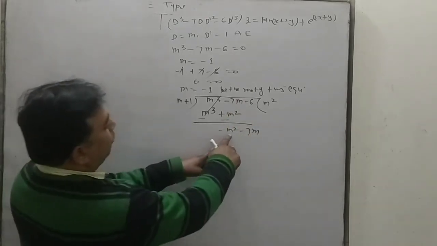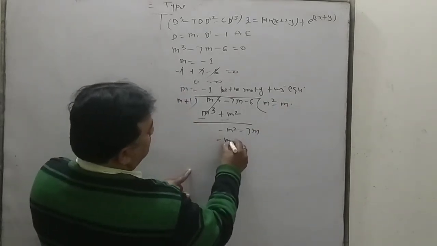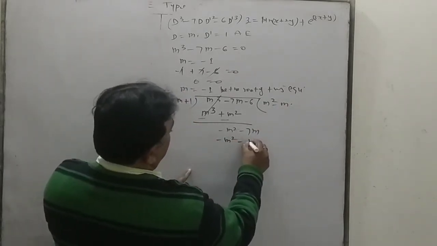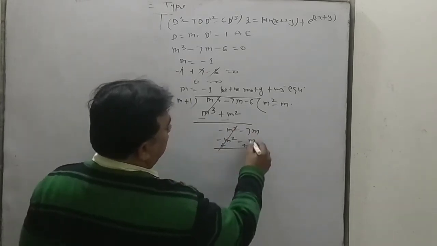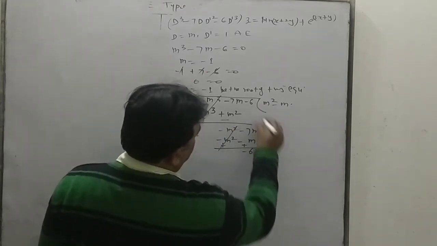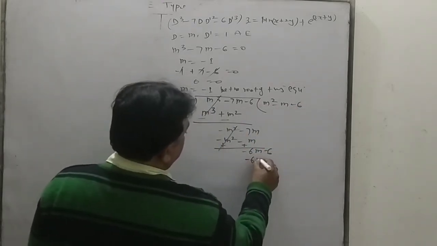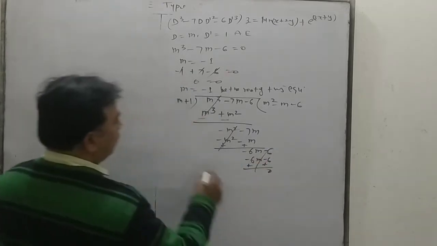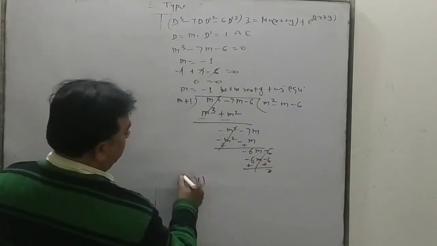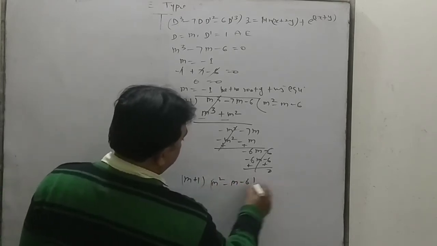We take minus m, multiply to get minus m square minus m, and again change the sign, plus and plus cancel out, leaving minus 6m minus 6. Minus 6m minus 6, plus and plus cancel out. So (m plus 1)(m square minus m minus 6) equal to 0.